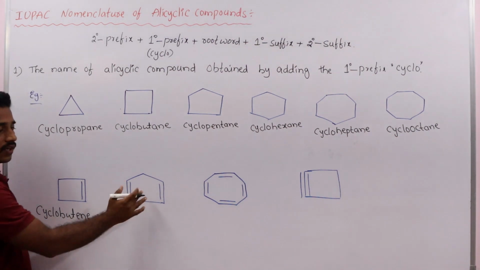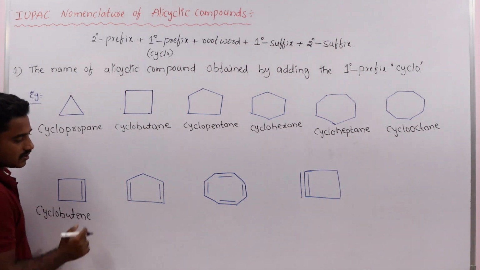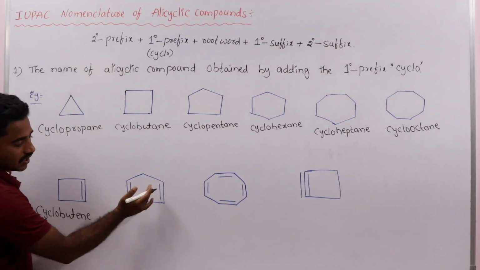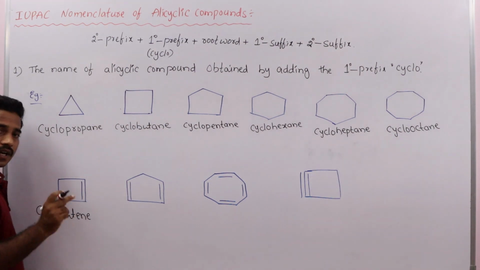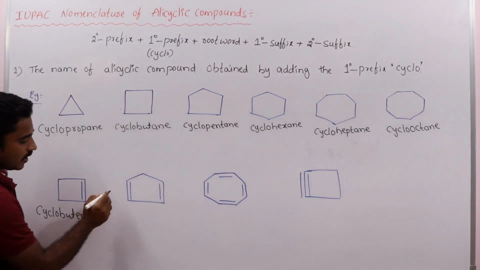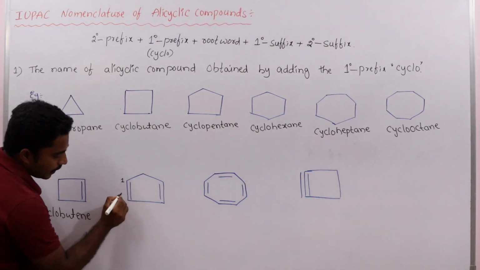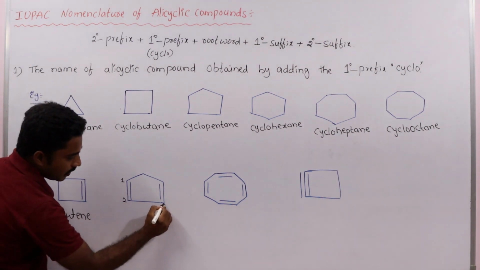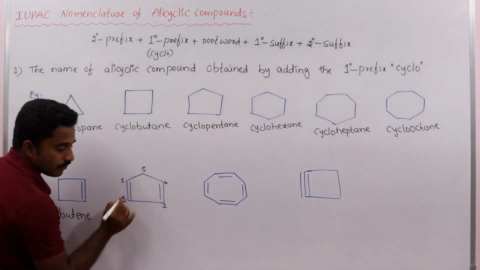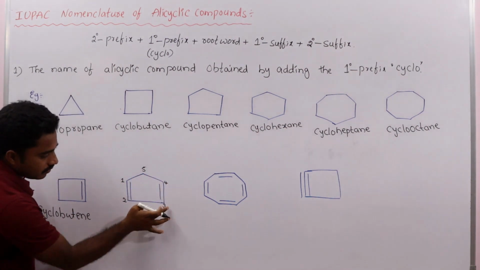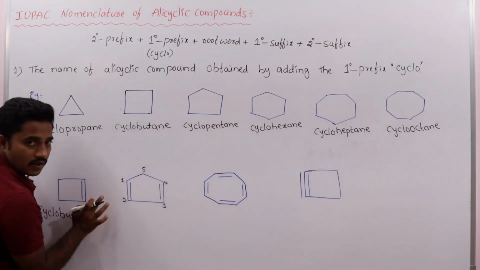In that case, we have to give the numbering. We should start numbering from any of the double bonds, and the double bonds should get the least numbers: 1, 2, 3, 4, 5. Otherwise, we could give 1, 2, 3, 4, 5 in another direction.